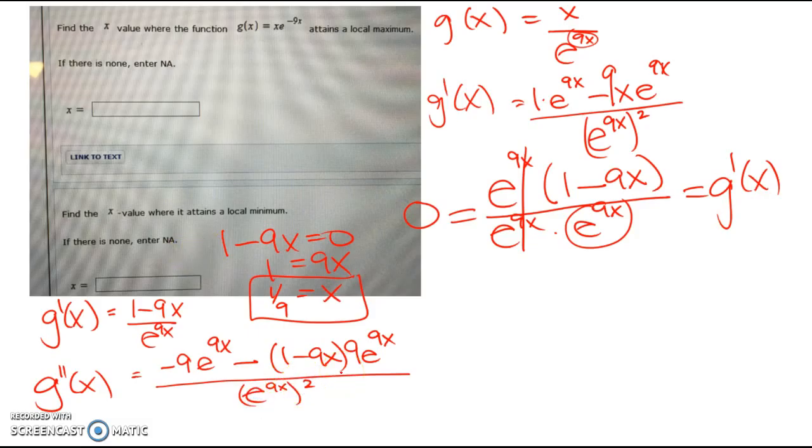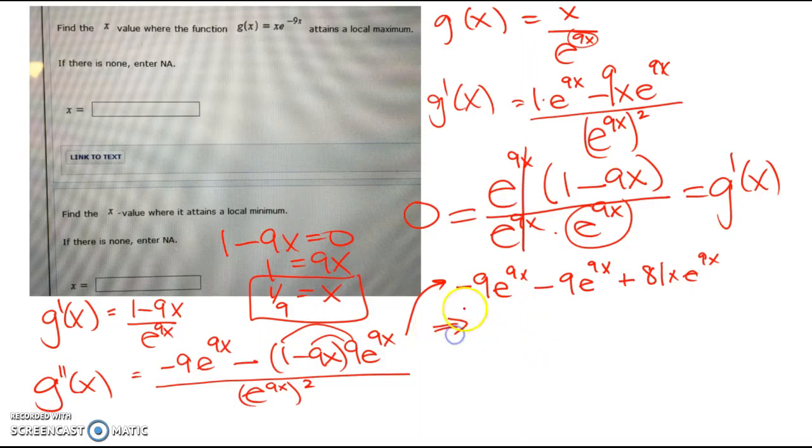So let's do some simplifying. I'm going to multiply these through. Negative 9 e to the 9x, minus 9 e to the 9x, plus 81 x e to the 9x. All right, this is just my numerator for a second.